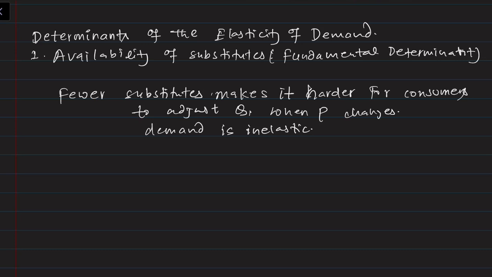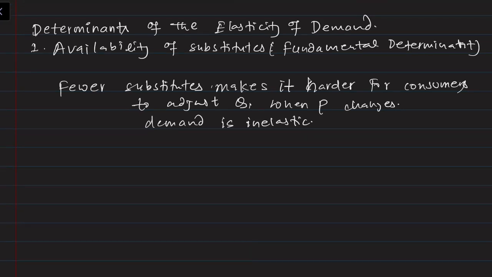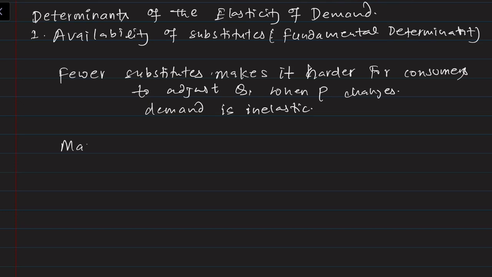But what about the substitute for lettuce? Almost all green vegetables are substitutes for lettuce, right? So in that case, demand is elastic. So many substitutes means demand is elastic.